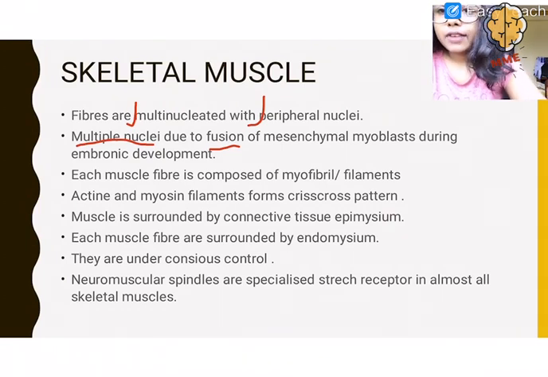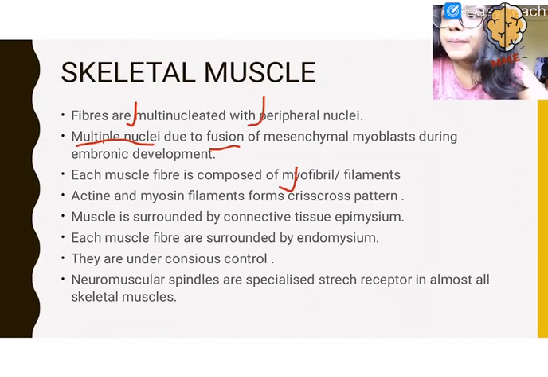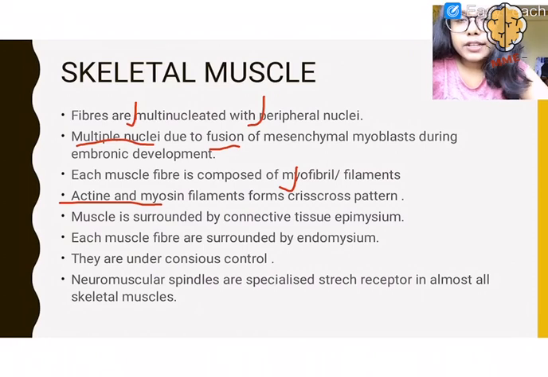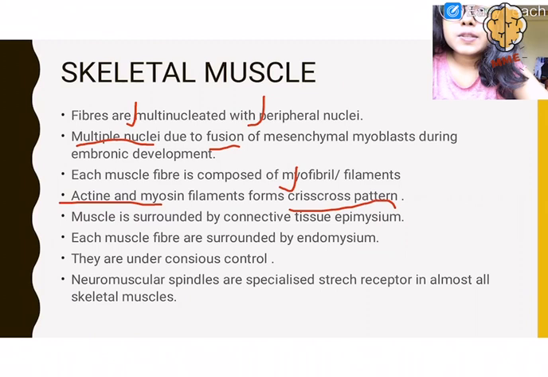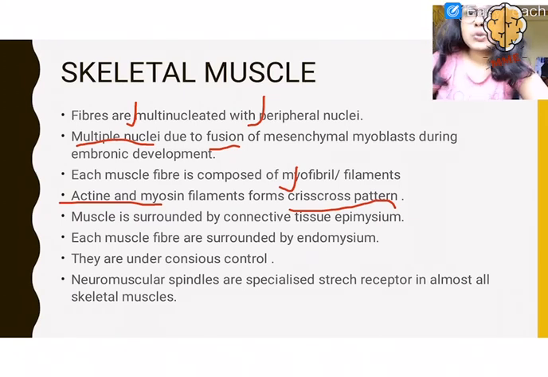Each muscle fiber is composed of myofibrils or myofilaments, and the last portion will be actin and myosin, that is the smallest unit, if we are not counting the A and I bands, of course, and they form a crisscross pattern. These are the smallest units actually causing the contraction.